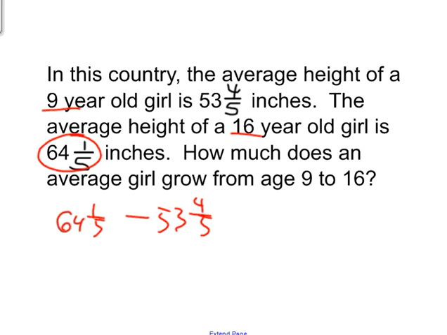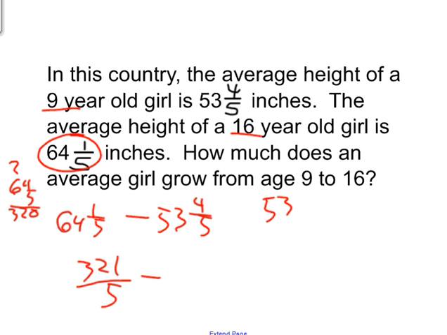All right, so I'm going to make this into improper fractions. 64 times 5 is 320, plus 1, so it'd be 321 over 5, minus, and again, I'm going to make this mixed numeral into an improper fraction.